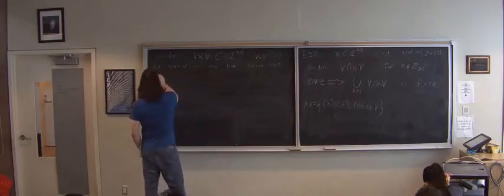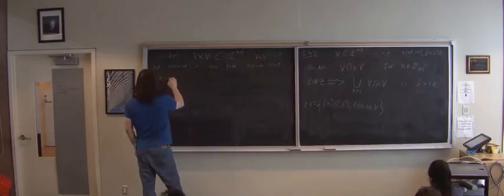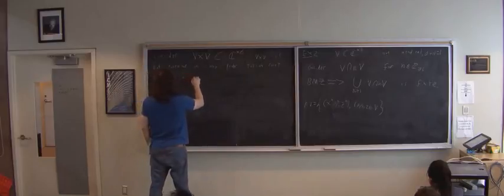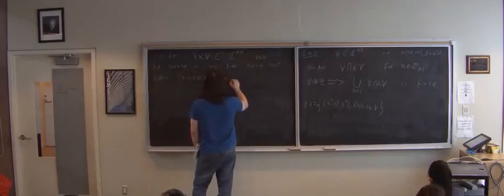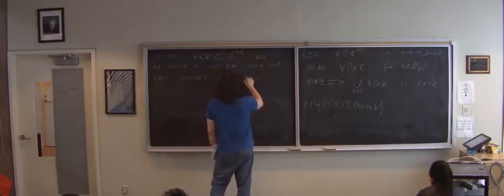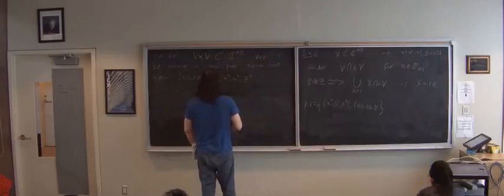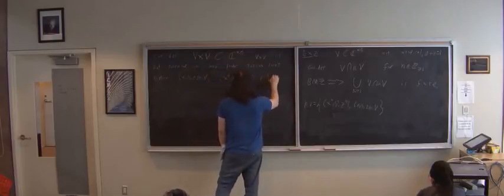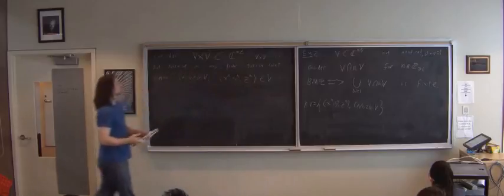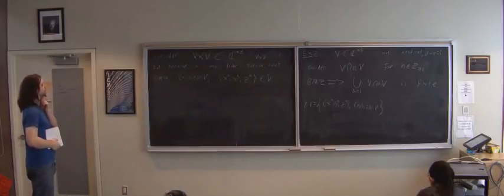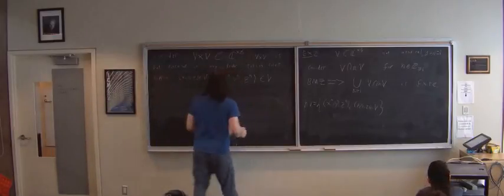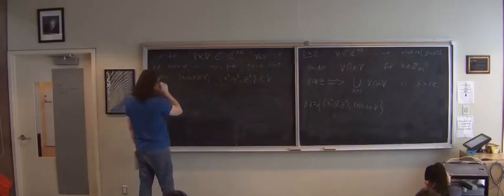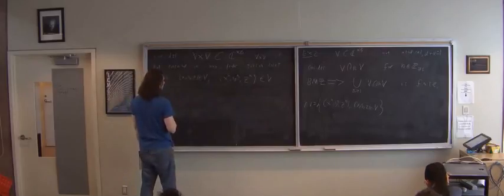Okay, so now suppose you have x, y, z in V, and x to the n, y to the n, z to the n is in V. So what does this mean?